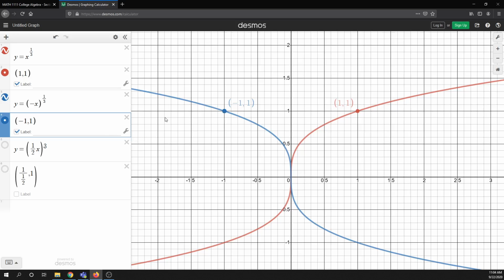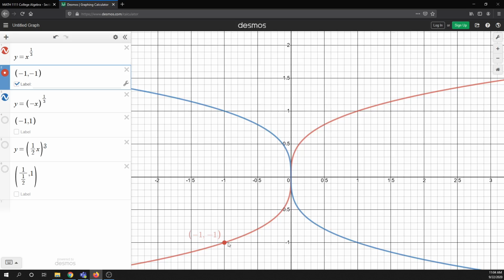Let's say I have another example, this point -1, -1 on the original graph. You can see that's a point on the red graph.